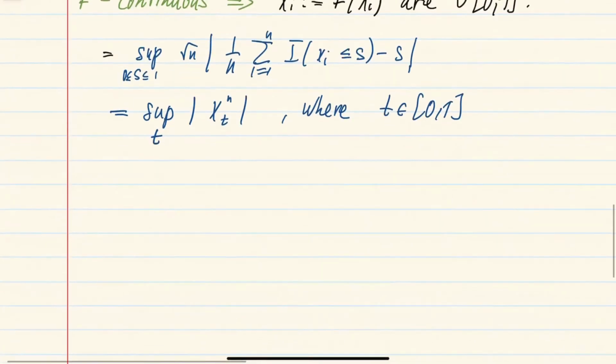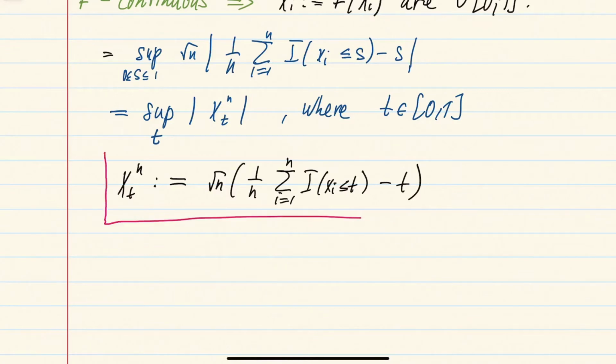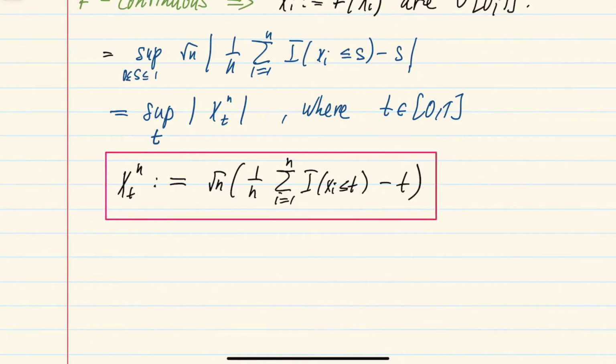And this process Xn(t), I just introduce this notation here for the above expression, so 1 over square root of n, the empirical CDF for the uniform sequence minus the CDF for the uniform sequence. And this process here is called the empirical process. Okay, and our goal in this section will be to show that this process converges to a Brownian bridge.